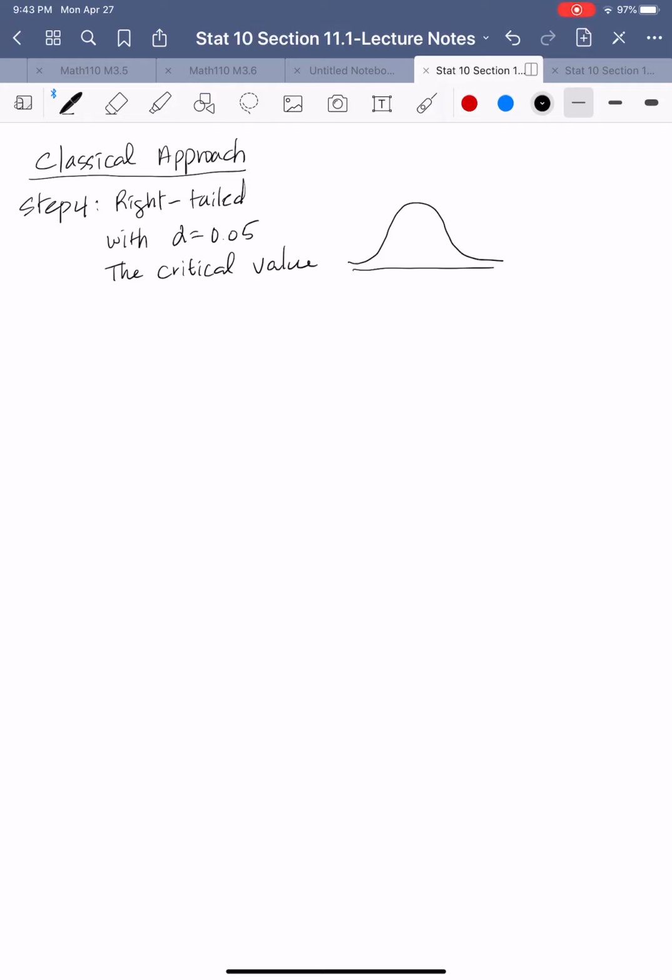We are looking for the z sub alpha, which is z sub 0.05, where 0.05 is the area here, and then we're looking for that z-score. So if you're looking at that z-score from the z-table, it will give you 1.645.